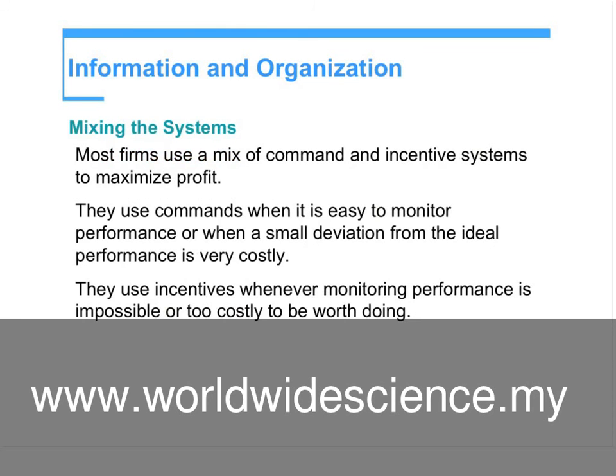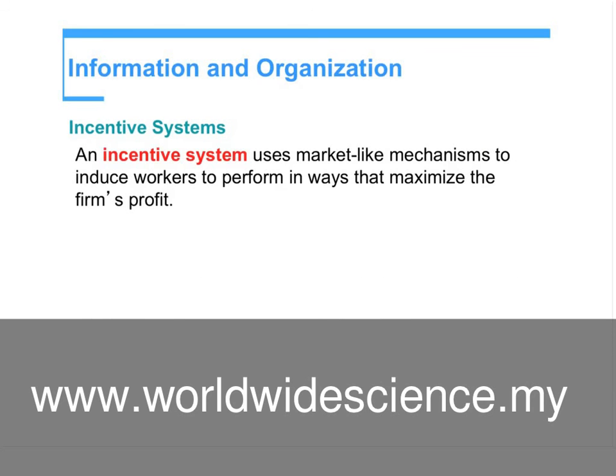So, mixing the systems. Most firms use a mixture of command and incentive systems to maximize their profit. So none of them are ideal. You cannot say the command system is the best and every firm has to take the command system, and neither can you say it's only the incentive system which is the best. So most of the firms use a mixture of both. They use commands when it's easy to monitor performance, or when a small deviation from the ideal performance is very costly.